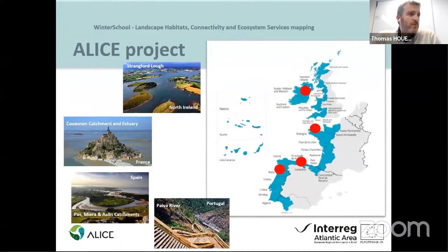To do so, we use 4 case studies, our experiments in terms of assessment of the implementation of BGINs. The 4 case studies are located along the Atlantic area of the European Union. We have 1 case study in Northern Ireland, 1 in Brittany, 1 in Spain, in Cantabria, and another 1 in Portugal.